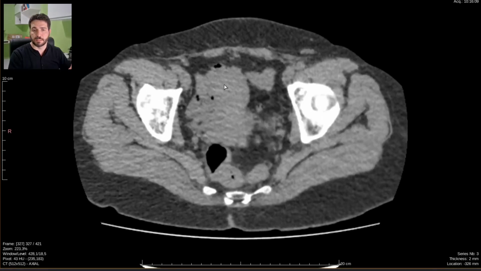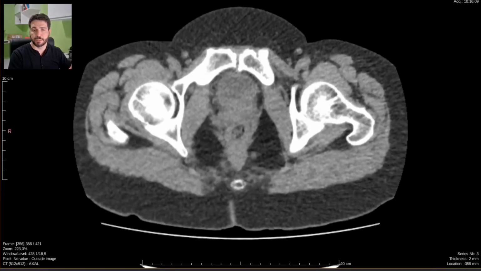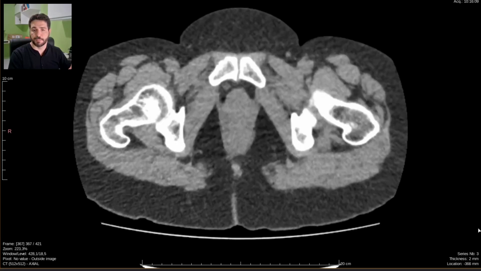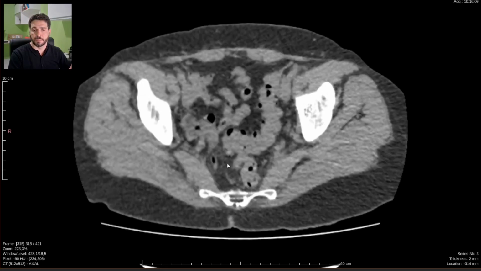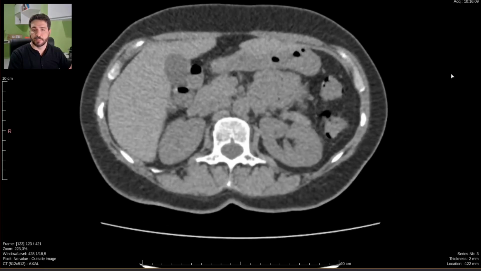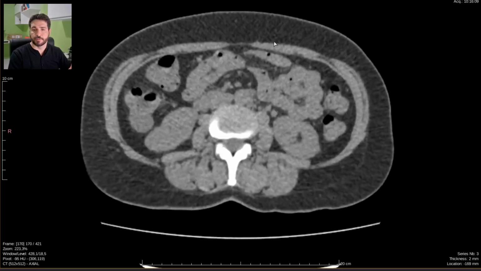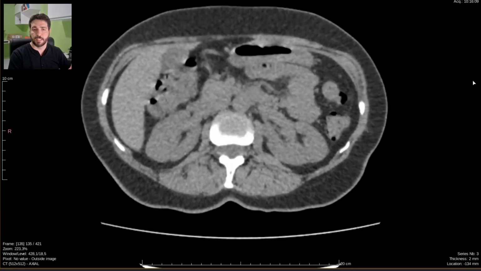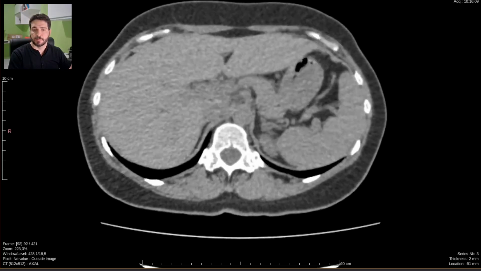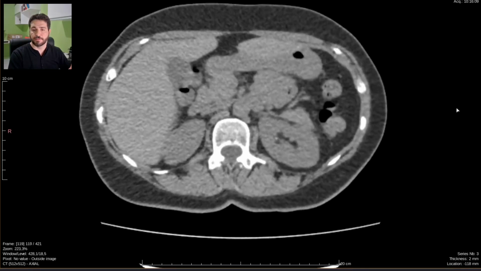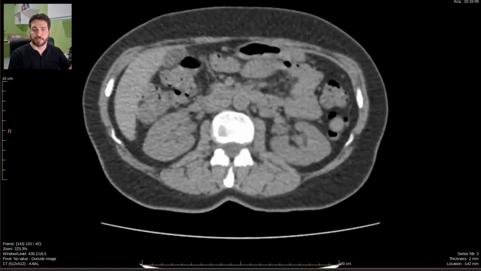So I can see the uterus is fine for her age. Also, the urinary bladder is half full, half empty. Rectum is fine. Going over the bowel, I don't see much. Bowel was fine. So, besides the small kidney stone on the left, I can't really tell much about this exam.